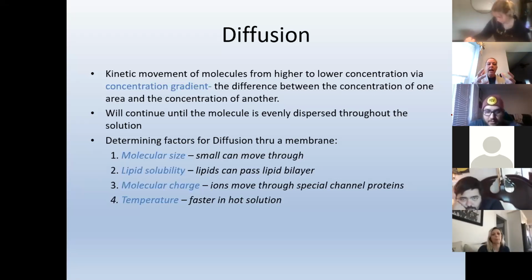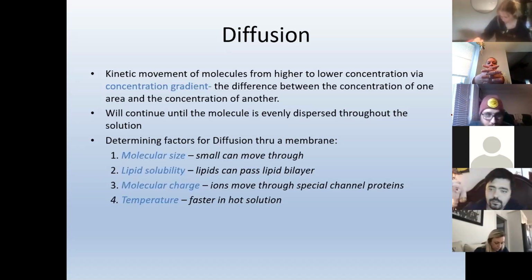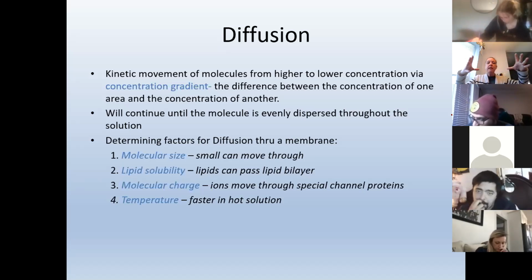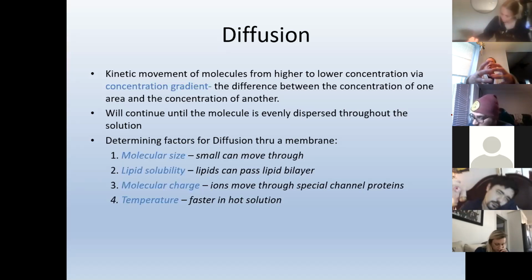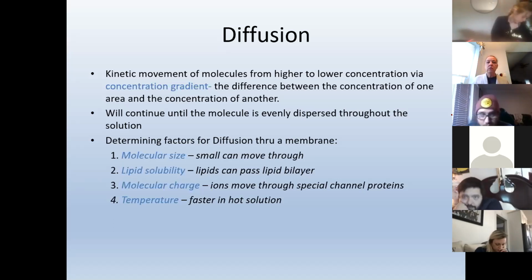Especially right at the plug. That's a super high concentration of smell molecules. But then what happens? The smell molecules being super concentrated at the plug start automatically moving where? Throughout the room. So they've gone from an area of high to low concentration, low meaning there are no smell molecules.